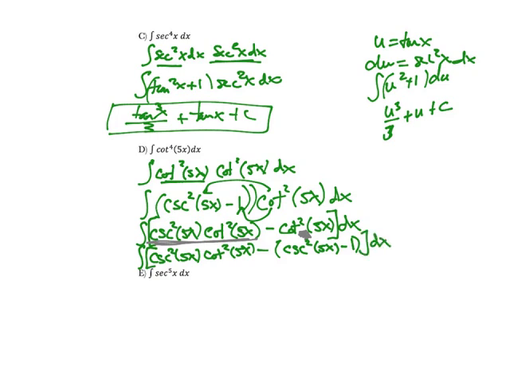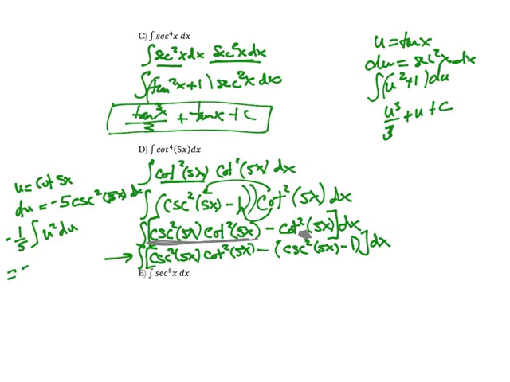So I can integrate now. I use a u substitution on this one. So here the u is cotangent 5x. So du is negative 5 cosecant squared 5x dx. That means I have a negative 1/5 integral of u squared du.